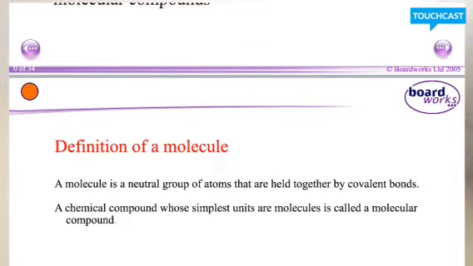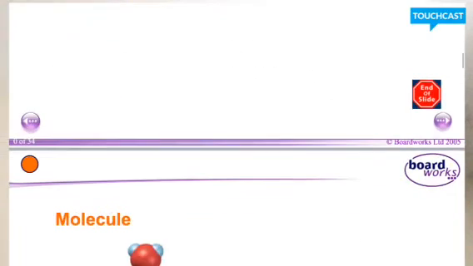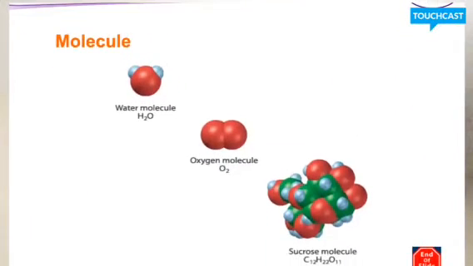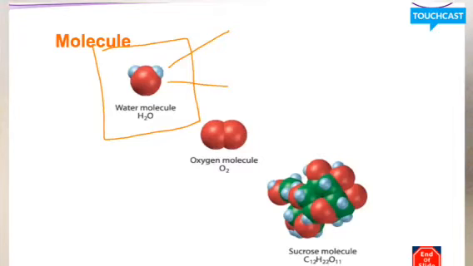If you look at the next PowerPoint, you will see that we have 3 different examples of a molecule. Here we have H2O. H2O is not an element, it's a compound, because you can see there are 2 different types of atoms.